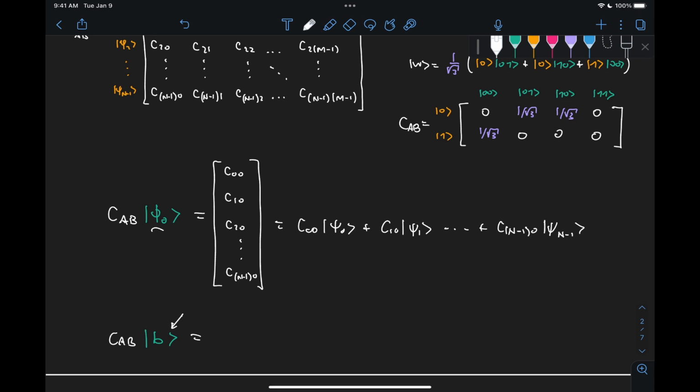Now, why would we do this? Why would we construct a matrix that maps states from subsystem B into states in subsystem A?